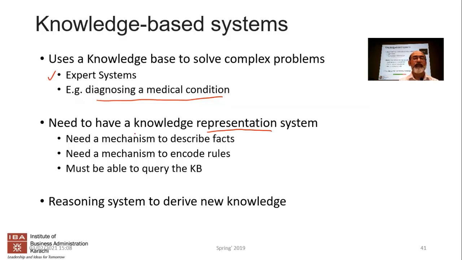Okay, so you need a mechanism to describe the facts. Okay, you also need a mechanism to encode rules. So you might say that these are the different diseases that exist. These are the different symptoms that exist. But what is the rule between a symptom and a disease? All right. So if you have a skin infection, what kind of disease is that indicating, right?